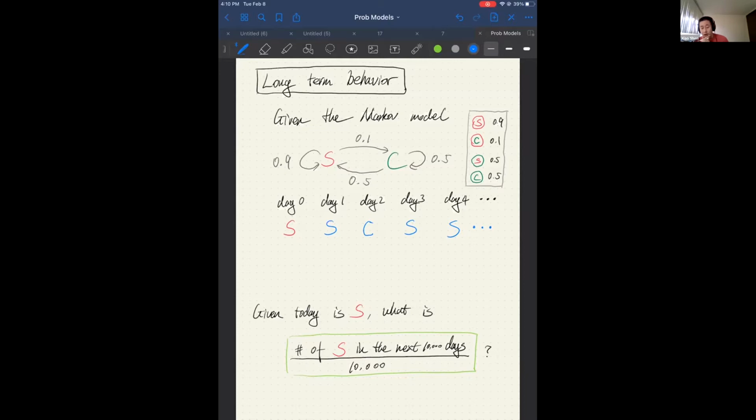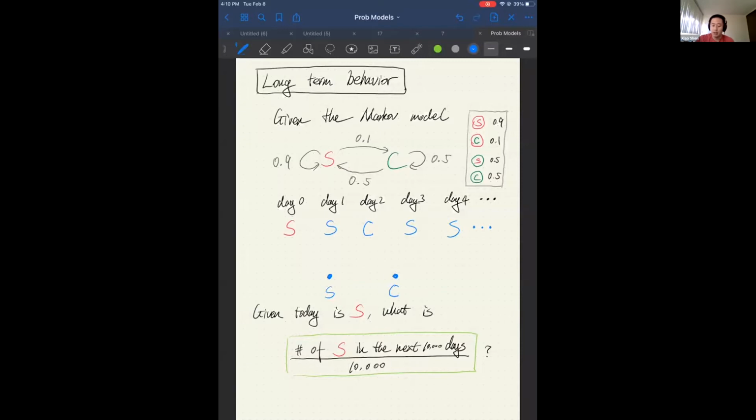But for now, let me offer another way of viewing this Markov chain, which is sometimes called a transition diagram. It's more intuitive. In this case, we can think about having 2 sites, called S and C. They are sometimes called states.